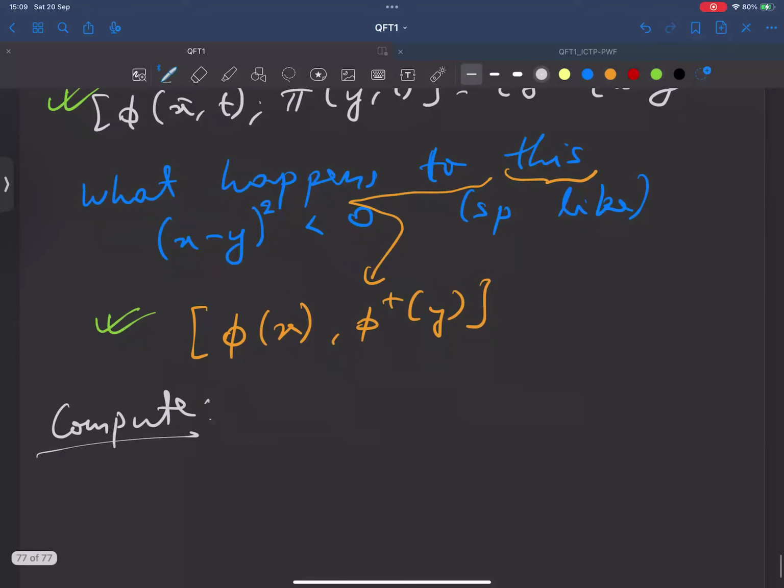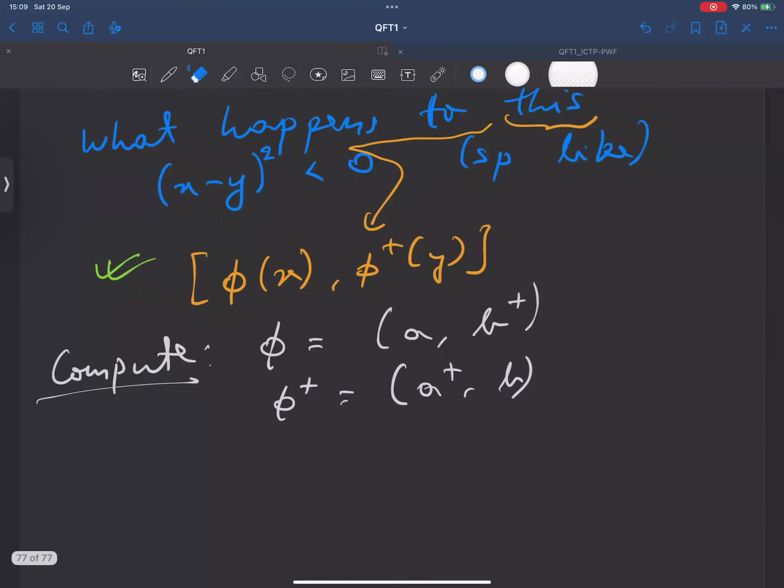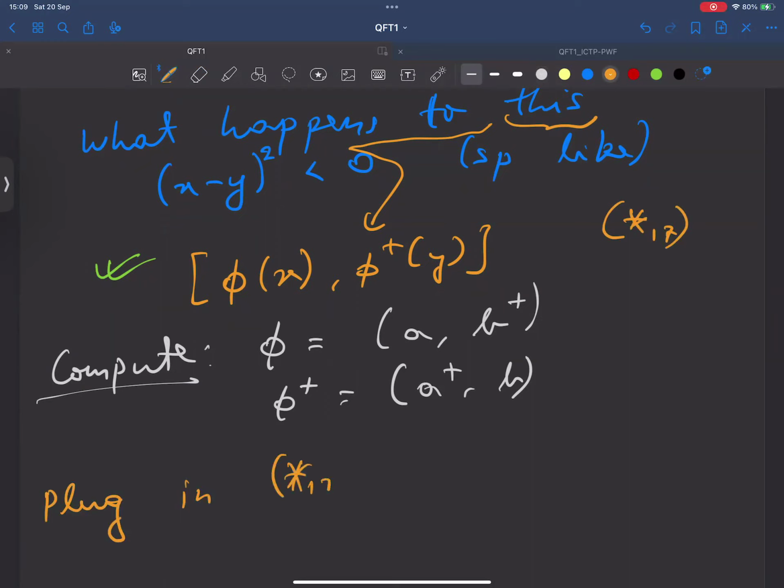So now let's go ahead and compute this quantity. We have everything in our toolbox to do this. Recall that phi was expressed in terms of these fields A and B dagger, and phi dagger was expressed in terms of the fields A dagger and B. I'm now schematically just writing it in this way. You already know these expressions. So let's call this star 17, and plug these expressions into star 17.